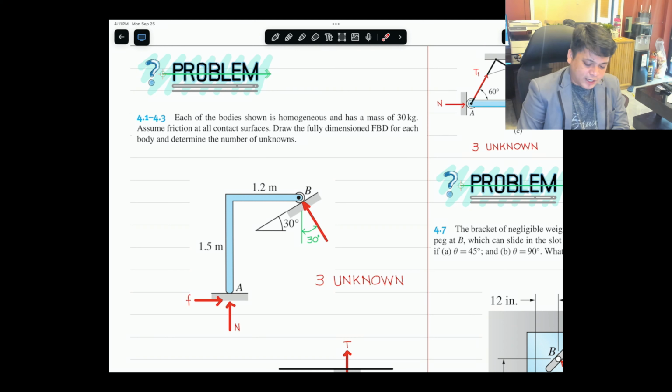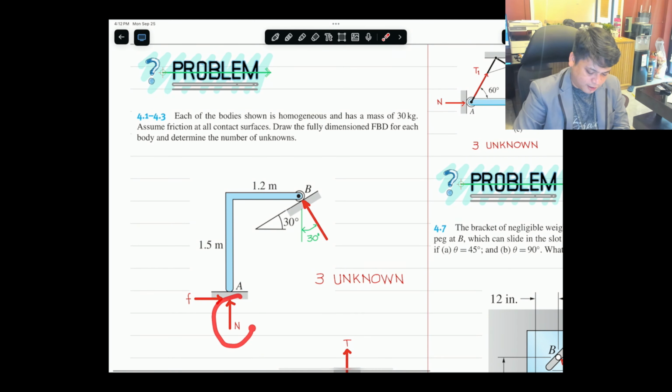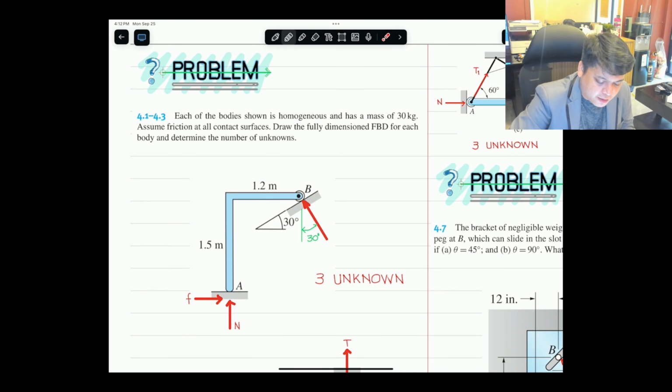So we can have the reactions at A: one normal reaction, and then a friction, so we have 2. And on the roller support, it is perpendicular to the plane. Measured from the horizontal, it is 30 degrees, so this one comes from the vertical at 30 degrees. And there's more. It also needs a weight here.